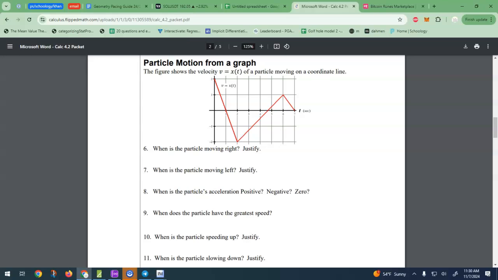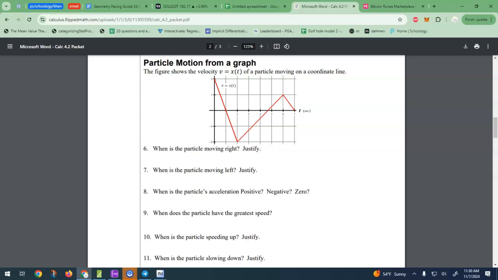It's not even at 2 and 6 because that is a corner. You'd be looking for like that or that. But remember, we can't take the derivative at a corner because the slope's different from each side. So when is it 0? This one's never.